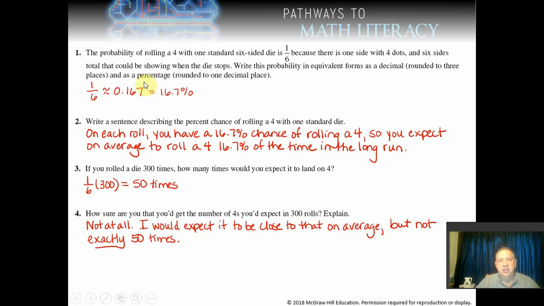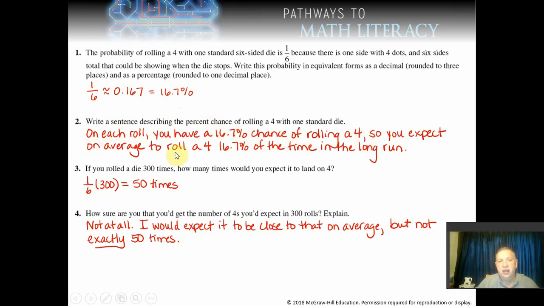So I like to have these probabilities in decimals. So I give the 1/6. That gives me my decimal. If I divide the 6 into 1, I get 0.167, that's the probability number. And then I say it has a 16.7% chance that I may roll a 4. So here's the thing: on each roll you have a 16.7% chance of rolling a 4.